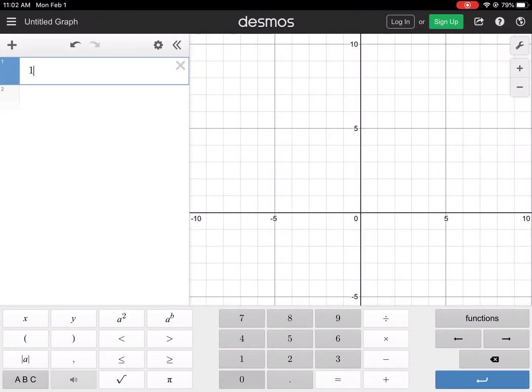Now we can't use c, we have to use x and y. So 100 equals 5x minus 5y. And then 100 equals 2x plus 2y.